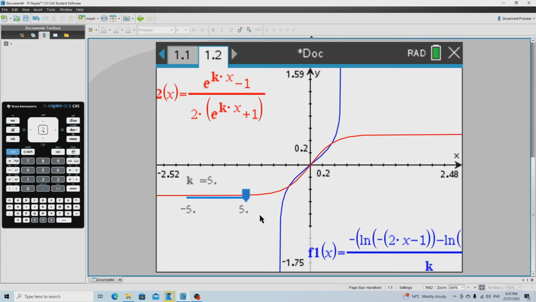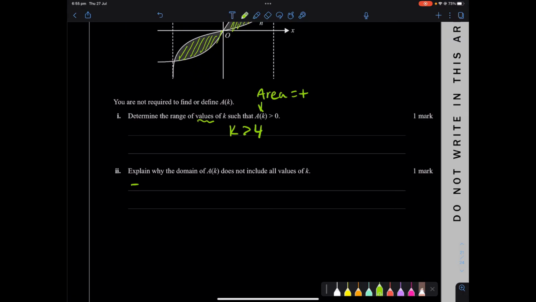So can we just say for this one, when k is less than or equal to 4?